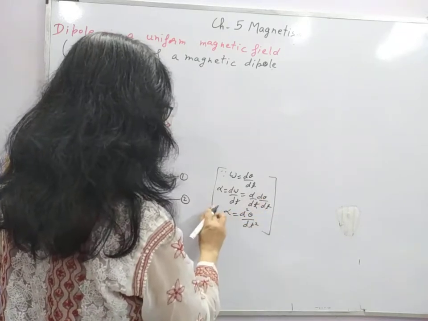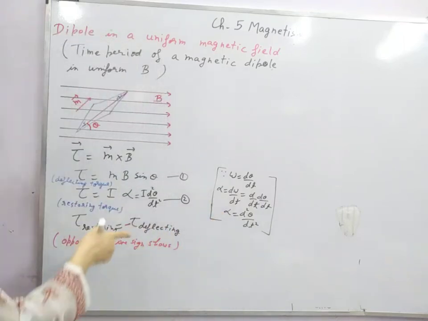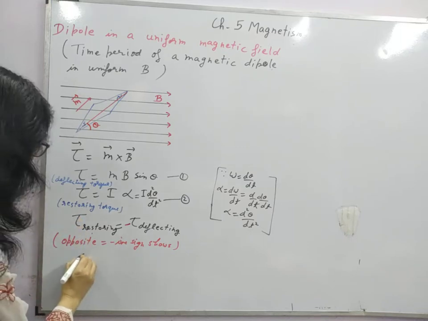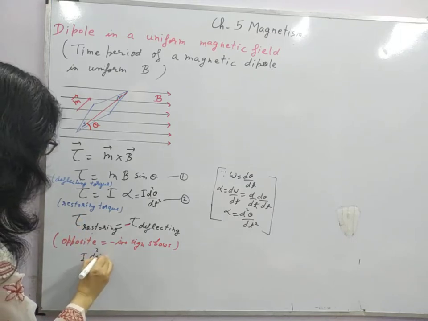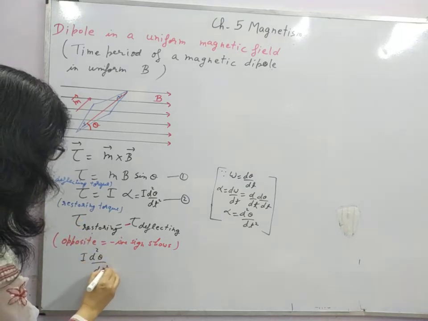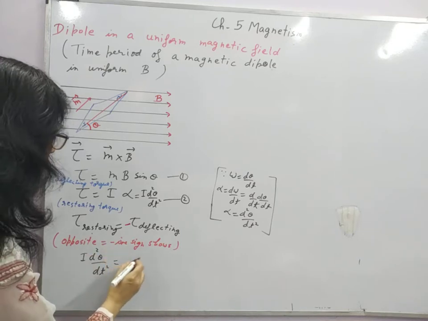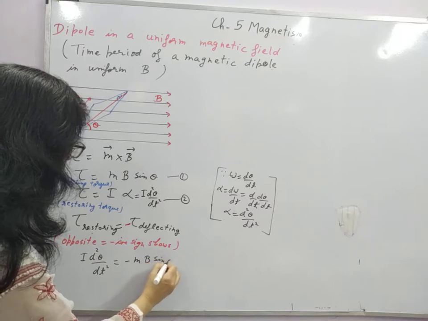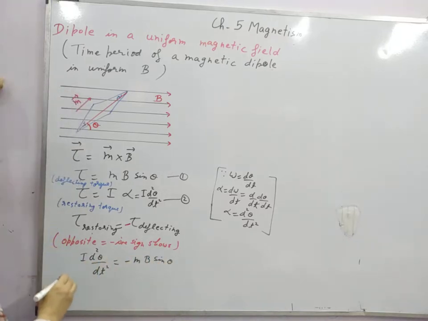So I have simply replaced this value. So restoring is I d square theta upon dt square is equal to minus mB sine theta.